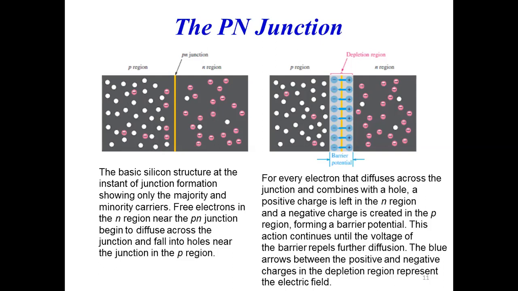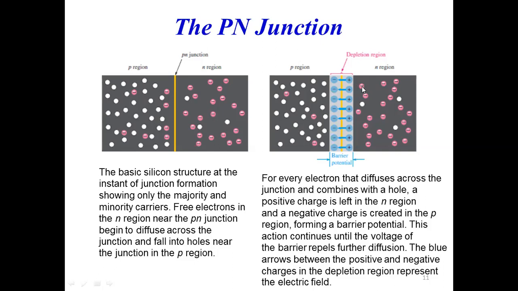Now, whenever such a junction is formed, then immediately the electrons from the N region try to diffuse into the P region, and they try to recombine with the holes. The same thing is shown here in the second diagram. Now see this diagram. Electrons from the N region have diffused into the P region, leaving behind a positive charge.